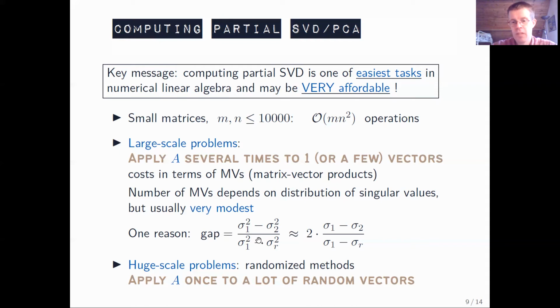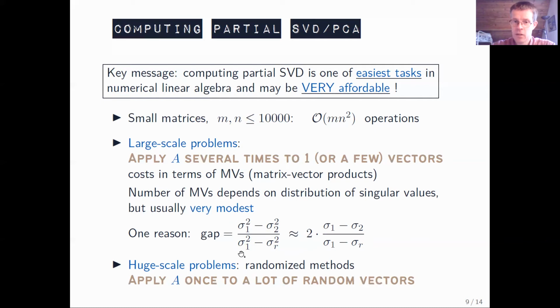One of the heuristic reasons, and I'm not going to go into this, is efficiency. It's useful if this gap is as large as possible, and this gap is between the first and the second, and the first and the last singular value.